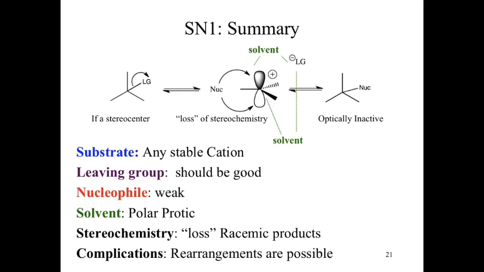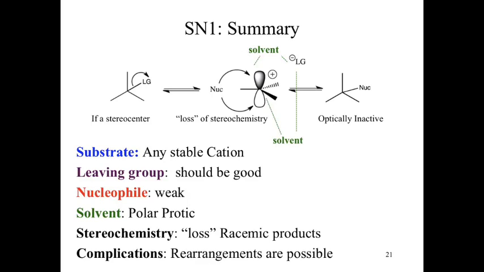Leaving group. The leaving group should always be good. There isn't more I can really add to that, and we'll find that the leaving group isn't super important to evaluate because all of these mechanisms require a leaving group. Nucleophile. Since the nucleophile is not involved in the rate limiting step for the SN1, I don't care about the nucleophile.